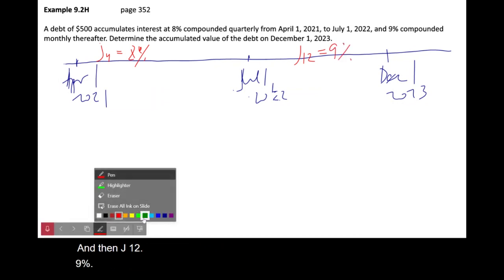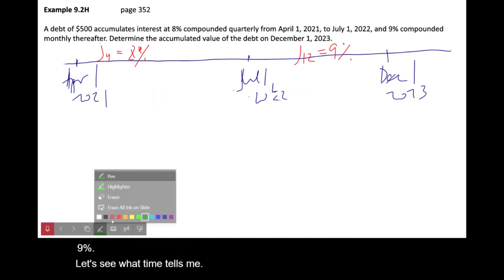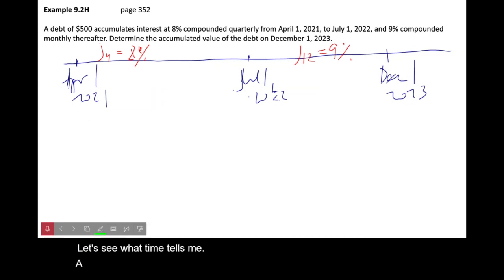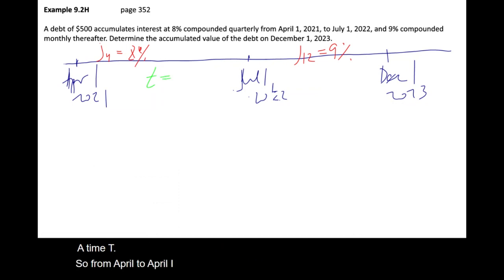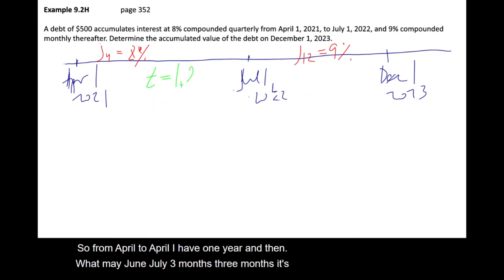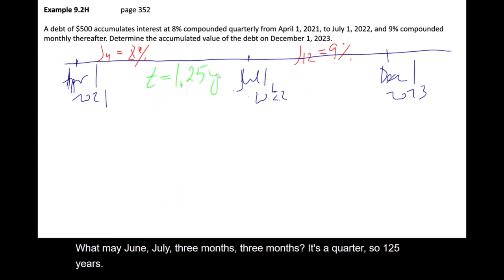Now let's see what time tells me. Time T. So from April to April, I have 1 year, and then May, June, July, 3 months. 3 months, it's a quarter, so 1.25 years. Correct.